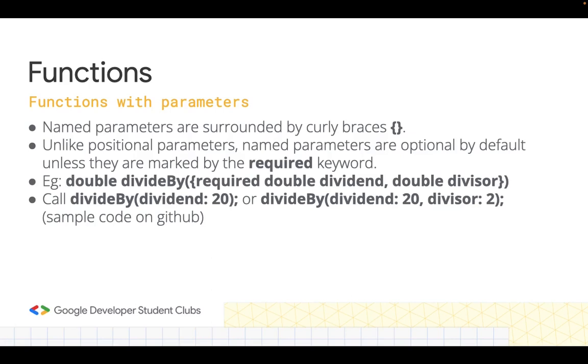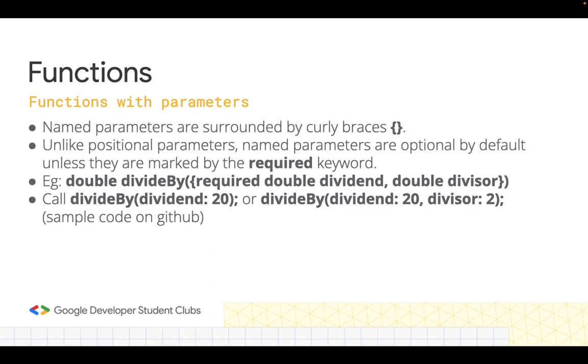If you define a parameter, you give it a name, and if you want an argument to be linked to that parameter based on the name, you make it a named parameter by putting your parameters in curly braces, just as you see here. There's an example. You see the curly braces in here, and by default named parameters are not required. They are optional.